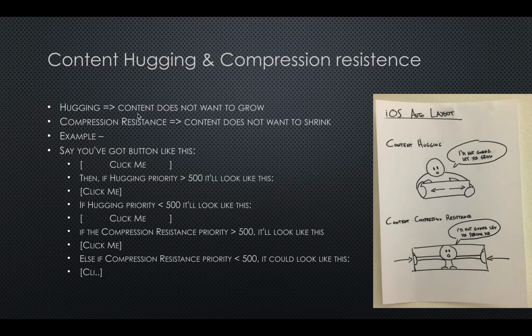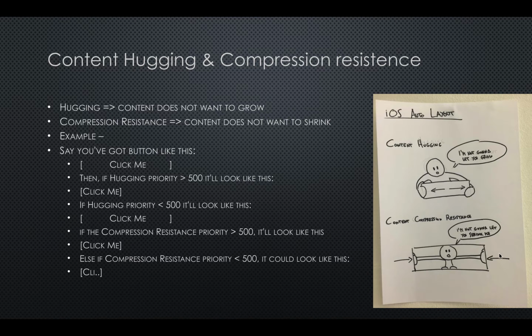So when you increase the value of hugging, it means that your content will never grow. It will stay small. So content hugging means you are hugging your element and you don't want it to grow. And compression resistance is just the opposite: you don't want it to shrink.